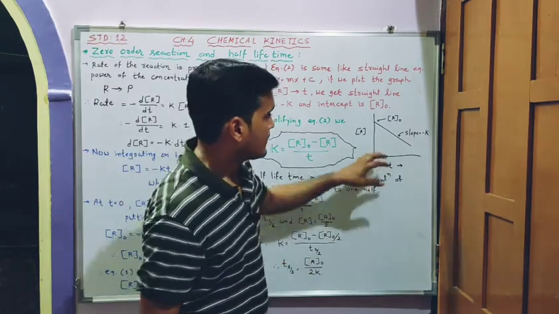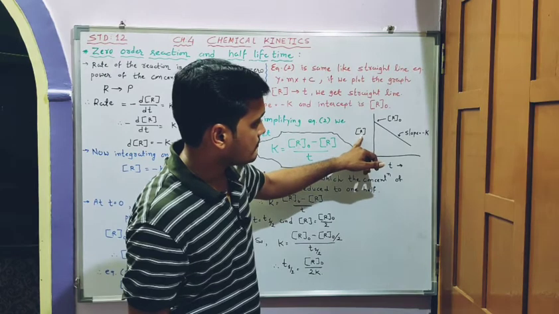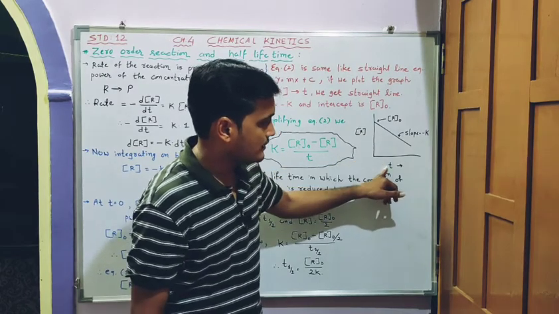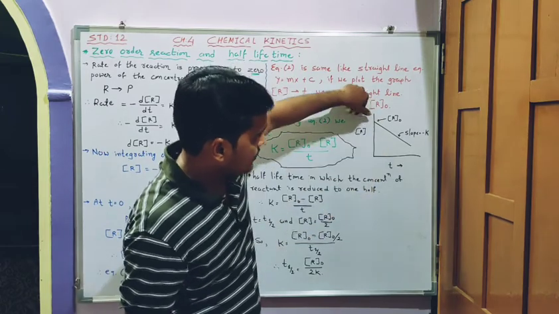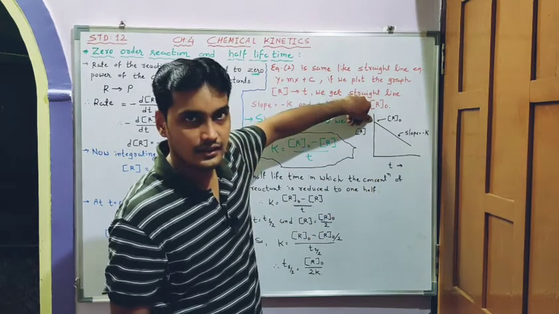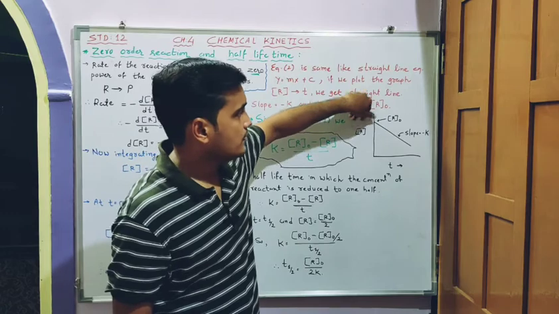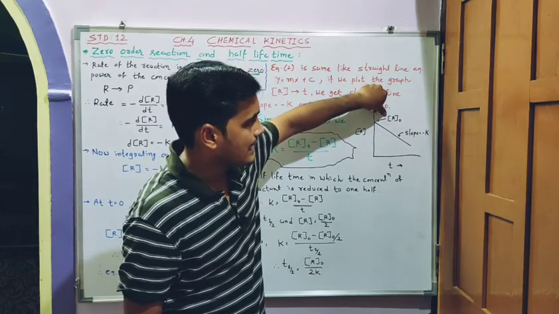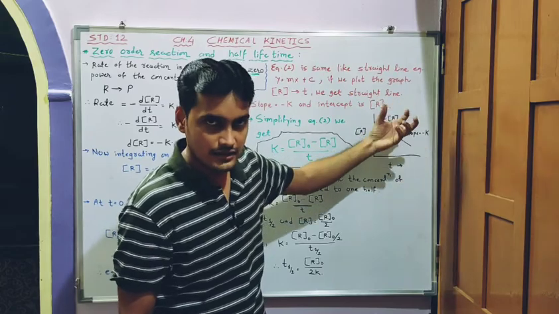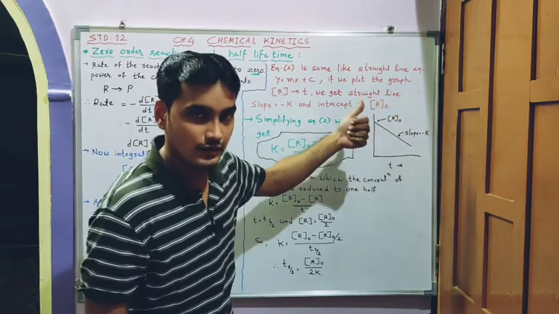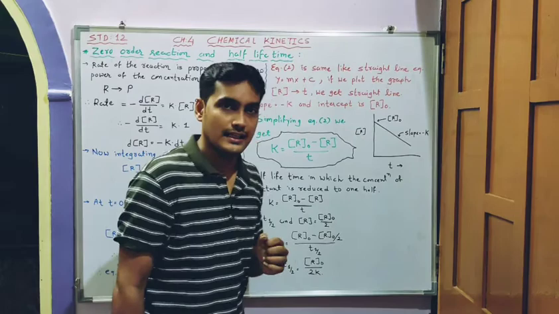You can see in this graphical value, the graph is R tends to t. We will get this straight line. Over here there is an intercept. So intercept value is R0 and the value of slope is minus k. This is a constant thing according to the y is equal to mx plus c equation.